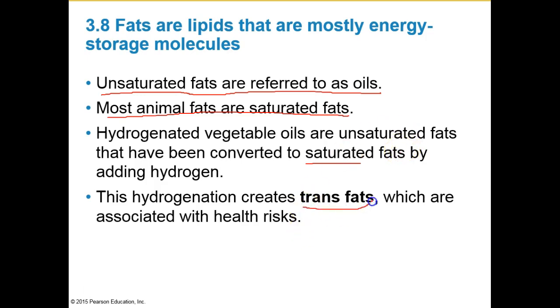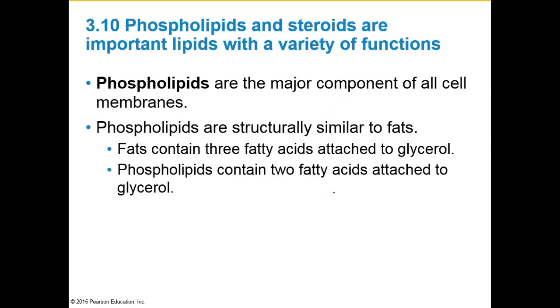So the whole point is to avoid trans fats because your body doesn't know what to do with those things. It's like, what is this? Is it poison? When your body doesn't know what something is, it just labels it as poison. True story. Well, oversimplified, but nonetheless.